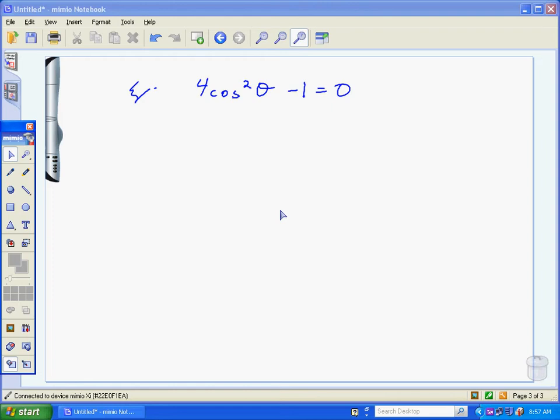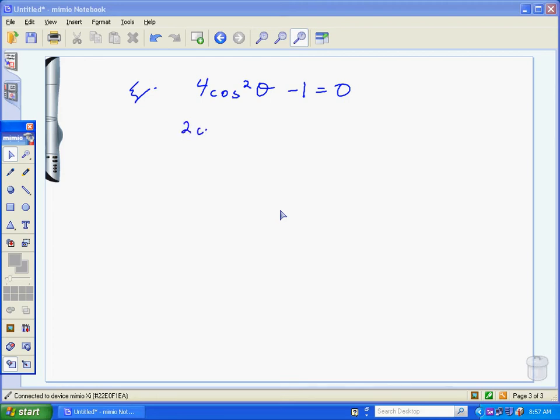But when we look at this question, our first thoughts are to isolate cos theta somehow. But if I look real close, I can recognize that it's a difference of squares. 4 is a perfect square. Cos squared is a perfect square. And 1's a perfect square. And they're separated by a minus. So I'm going to difference of squares this just to make our lives simpler.